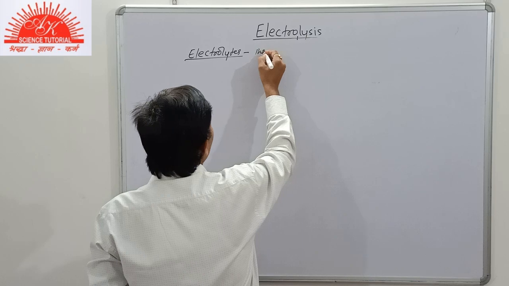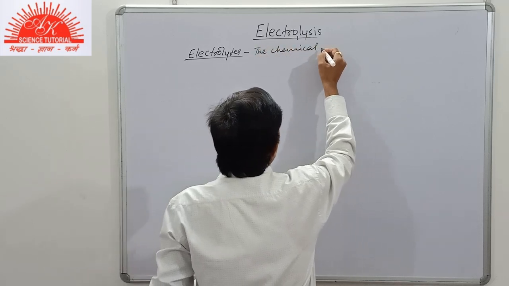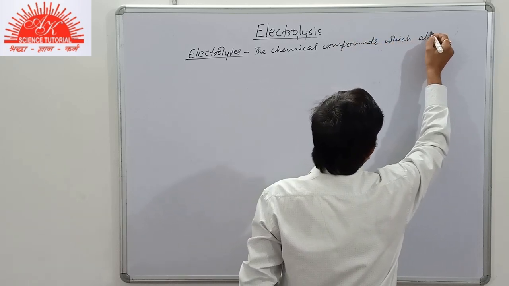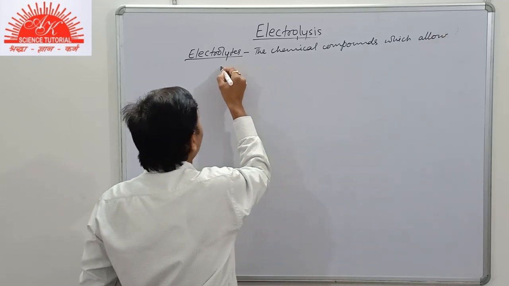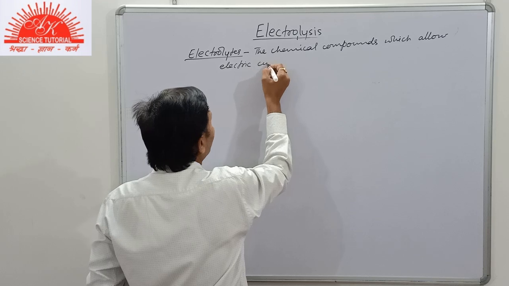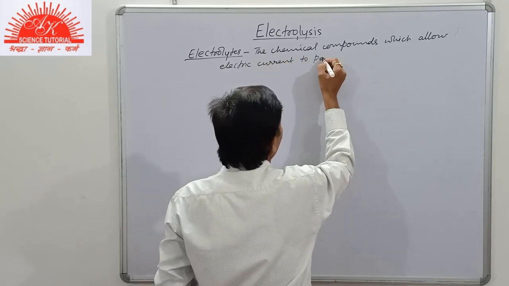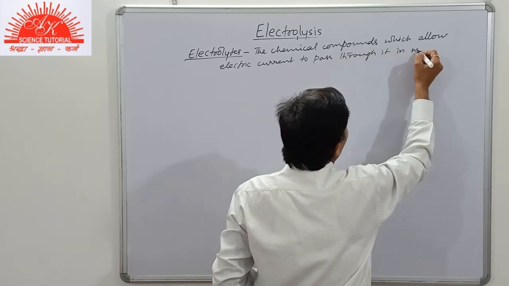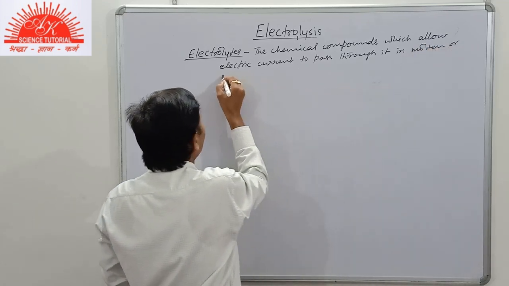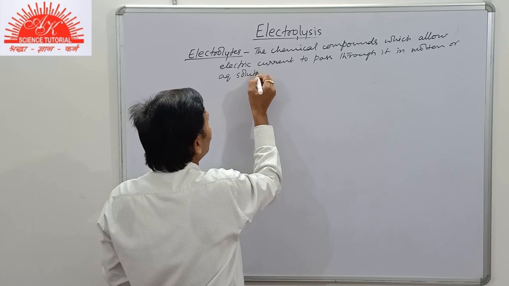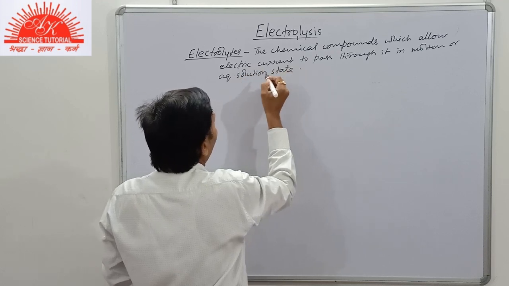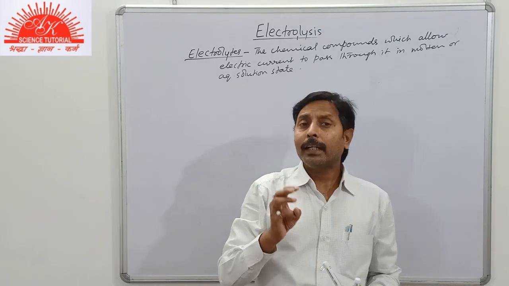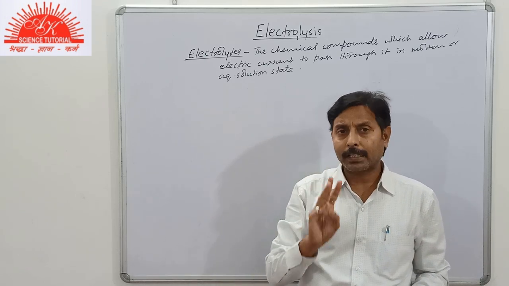That is, the chemical compounds which allow electric current to pass through it in molten or aqueous solution state are called electrolytes.